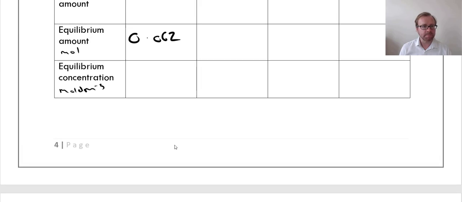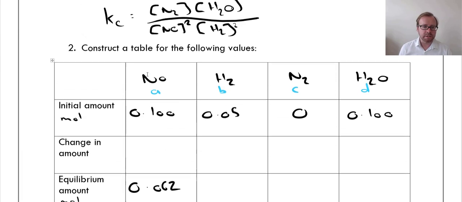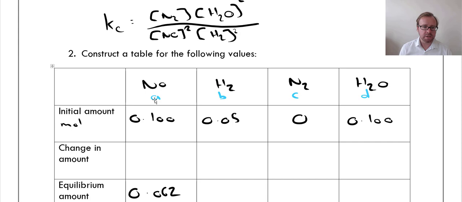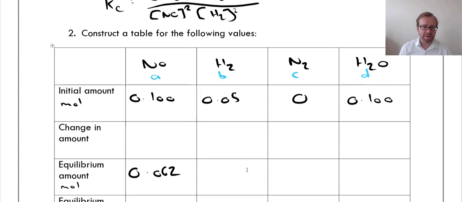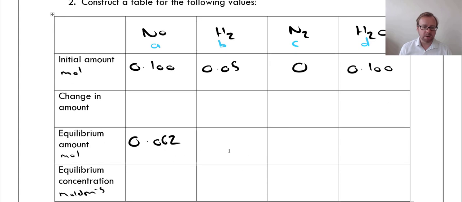Now you can see that I've put little notations here for each reactant and each product: A, B, C, D. I'm going to fill out an algebraic expression in these boxes so I can calculate the equilibrium amount.